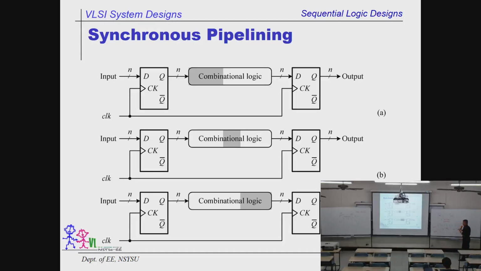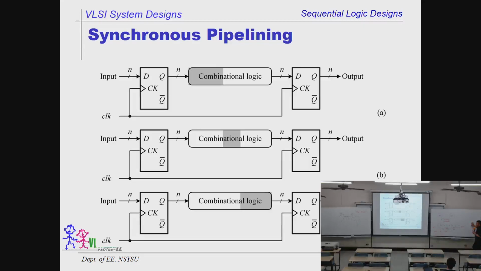In the third cycle, data 1 moves over here, data 2 moves over here, and data 3 comes in. This is the beauty of the design. In the fourth cycle, data 1 is done, and this one moves over here, this one moves in, and number 4 comes in. This is what pipelining means.